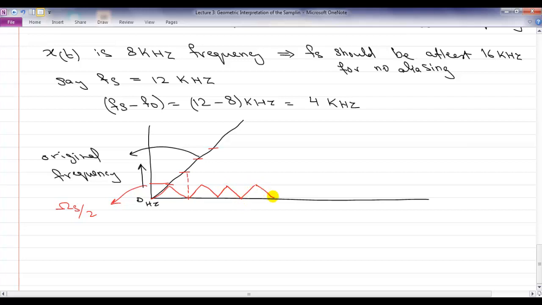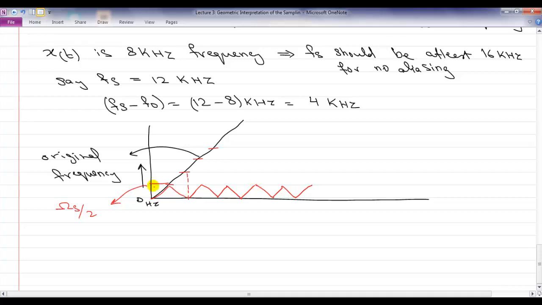Your output frequency is never going to go above omega s by 2, because you are filtering at the output with a low pass filter.